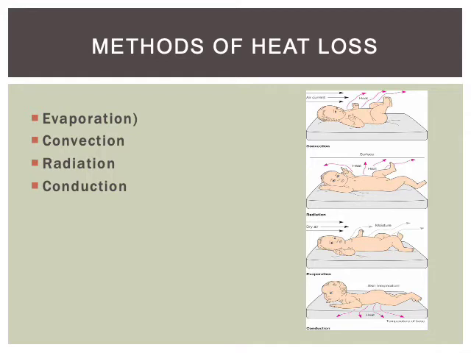Ways to prevent heat loss via conduction include, first, warming the objects that will touch an infant. If you walked in from the cold environment, warm your hands. Don't pick up the baby with a cold hand. Don't auscultate the baby's lungs or listen to the heart with a cold stethoscope. Warm it up first.